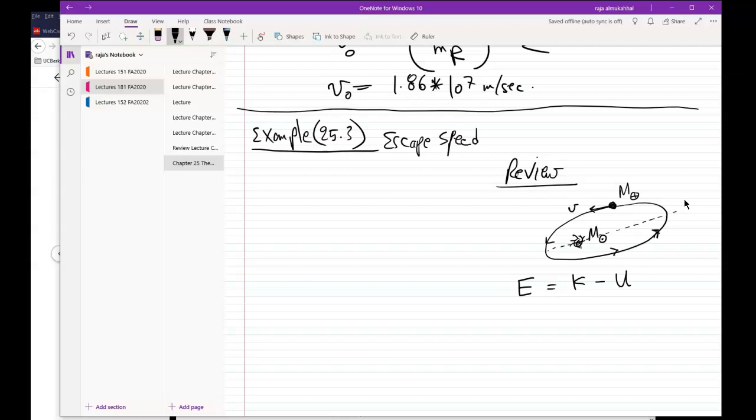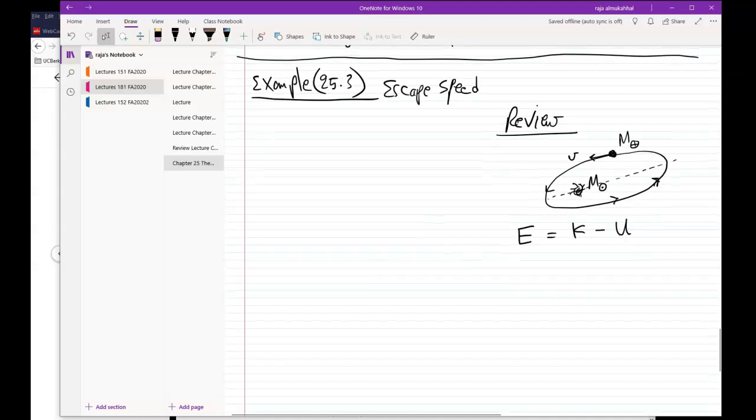The minus has to do with the gravitational potential energy being attractive, so we put a minus sign there. We're always subtracting the kinetic and the potential as absolute values, okay? All right. So that's basically the total energy of the Earth as it goes around the Sun.